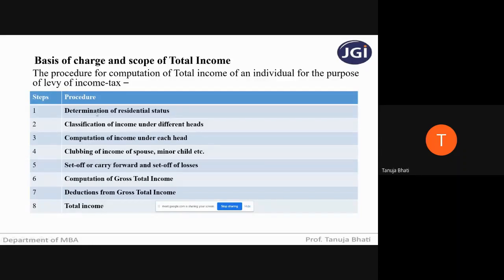Now, in my first step, I told you determination of residential status. So the next part that we are going to cover is residential status and incidence of tax. Why do we have to determine the residential status? As I already told you, depending on his status, whether he's a resident or non-resident, we can know what tax he is supposed to pay, because obviously a non-resident is not going to pay tax on income earned outside India, and a resident is going to pay tax on the income that he earns globally.